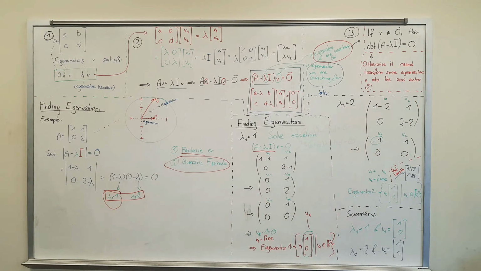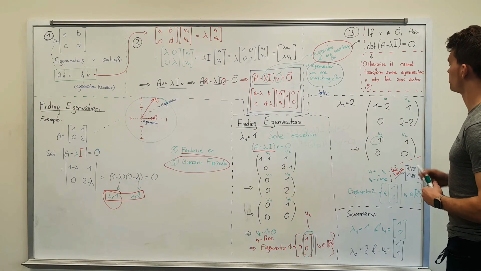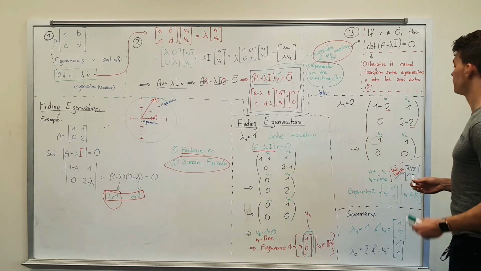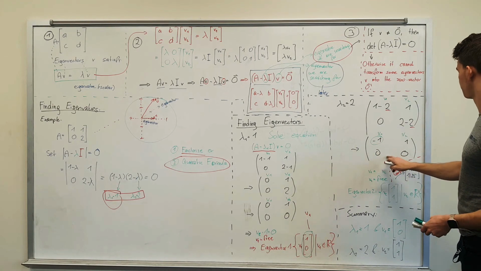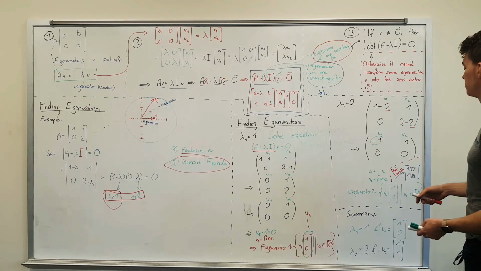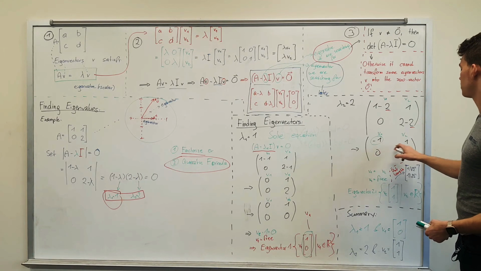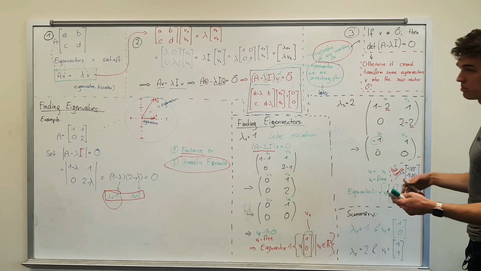The other one is also quite easy to solve, so we do the same thing. We just plug in our eigenvalue here and calculate what that is. We see the second row is already 0, 0, and here we have minus 1, 1. And this must equal 0.